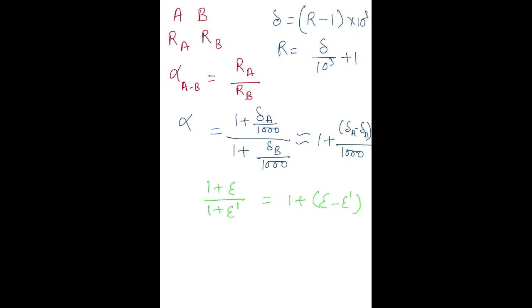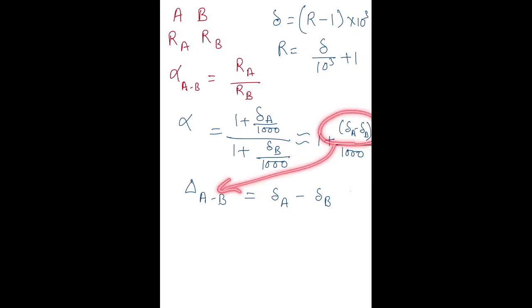We note that this capital delta AB is nothing but the expression of this difference, delta A minus delta B.